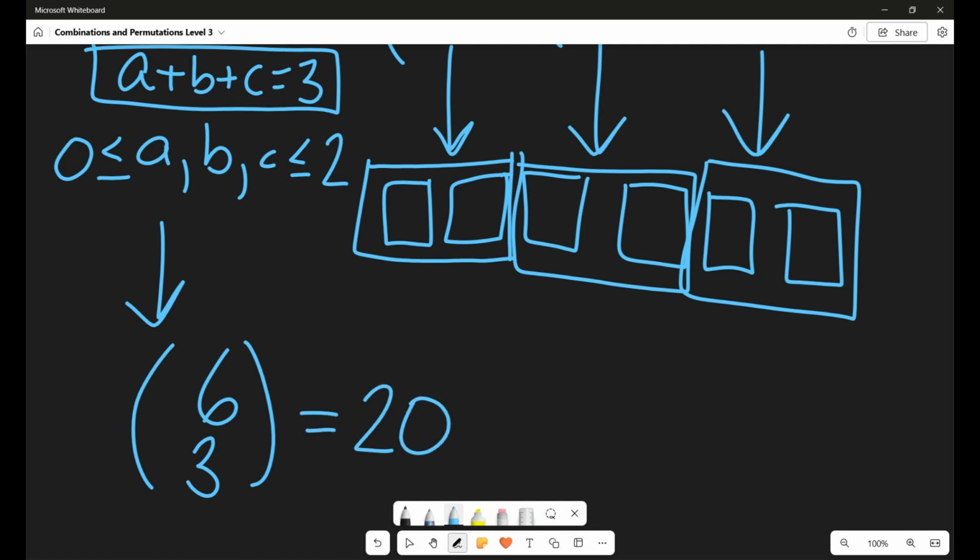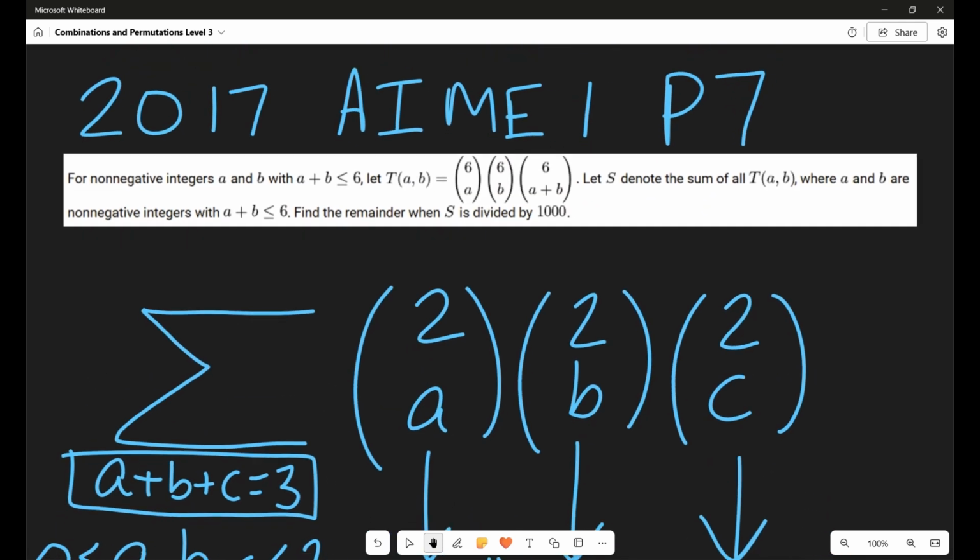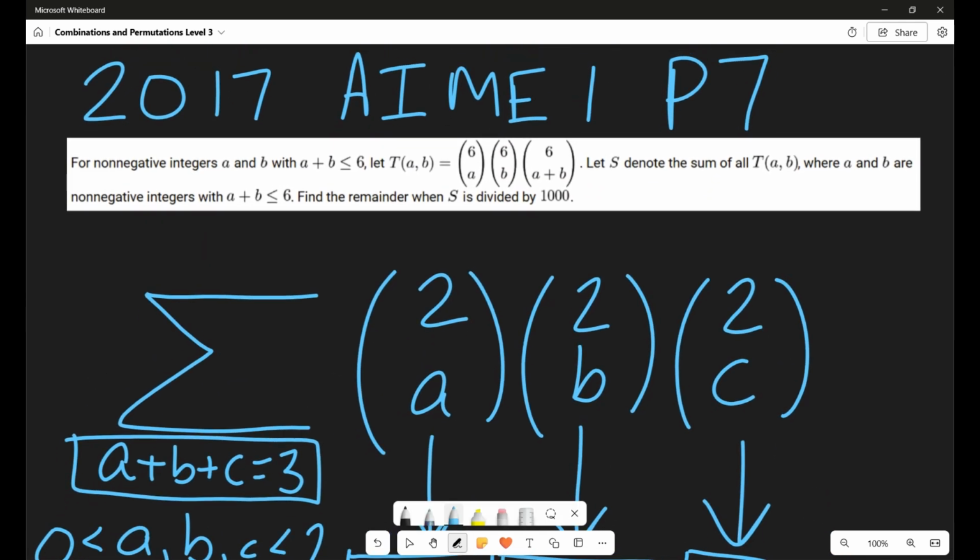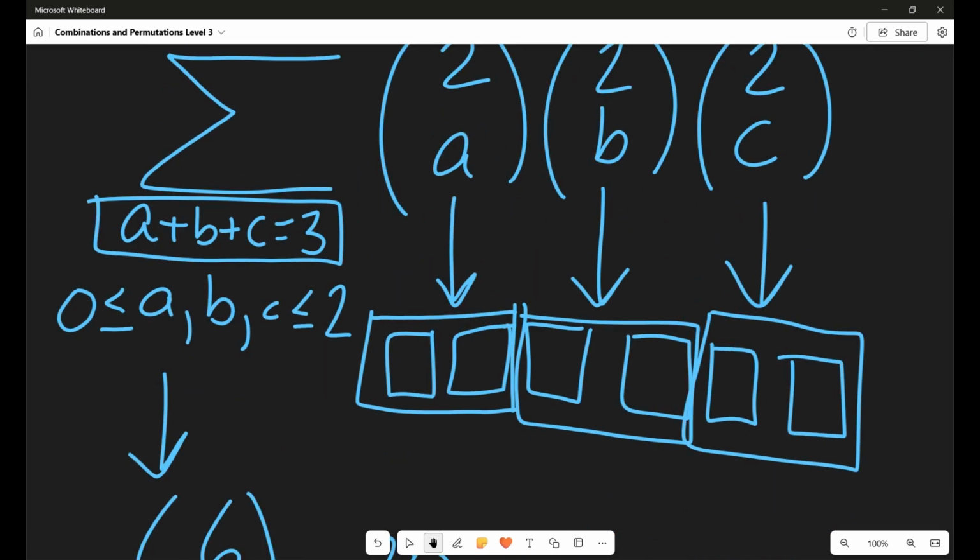Now remember, this is just our mini problem, just to get an idea of how we can approach our actual AIME problem. But the catch here is that A, B, and A plus B don't have a common sum. So that makes things a little bit more challenging. But we can apply a very special property that we are already familiar with.